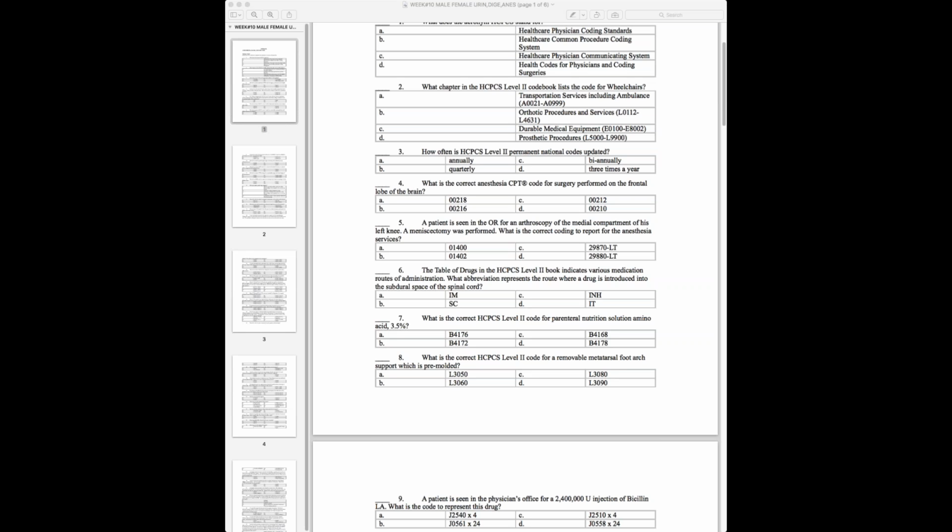We wouldn't choose C or D with that 11004 because there's no information on debridement. We can't just code it unless there's documentation there to support it. So that's why we wouldn't pick up that integumentary debridement code, right? They haven't mentioned that. So the correct answer for number 31 is B as in boy.